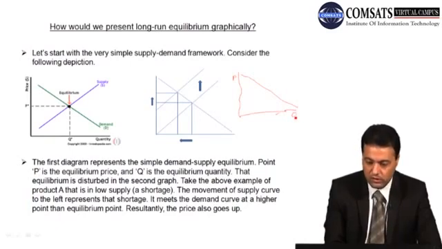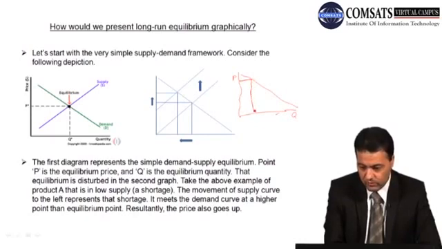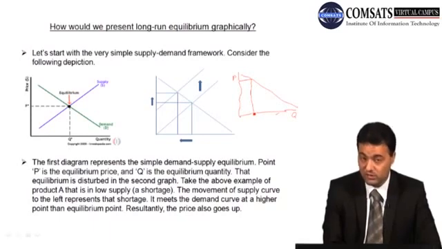So on the y-axis you have price, and on the x-axis you have quantity. So let's draw something. Suppose the price is this much. It meets the demand curve over here. Bring it down to meet the horizontal axis, and this would be the quantity demanded.